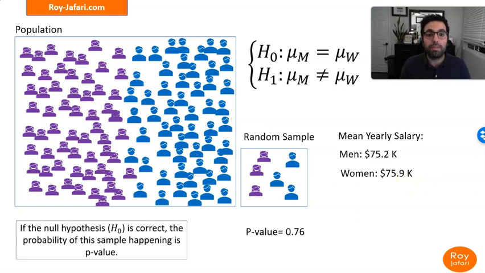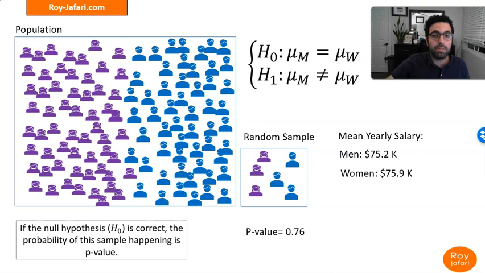This means if the null hypothesis is true, which is that the averages of men and women are the same, and we do this random sample from the population, the chance of this sample happening is 0.76, which is a large probability value.